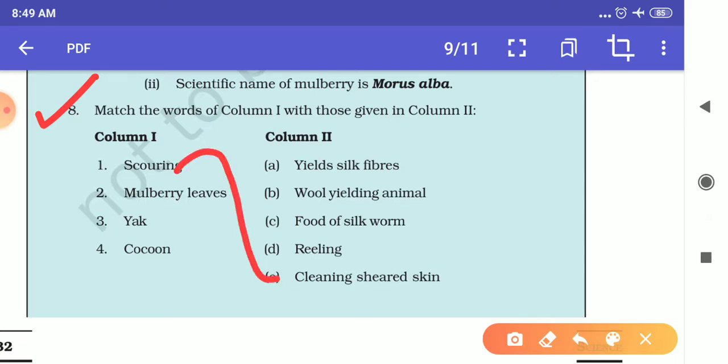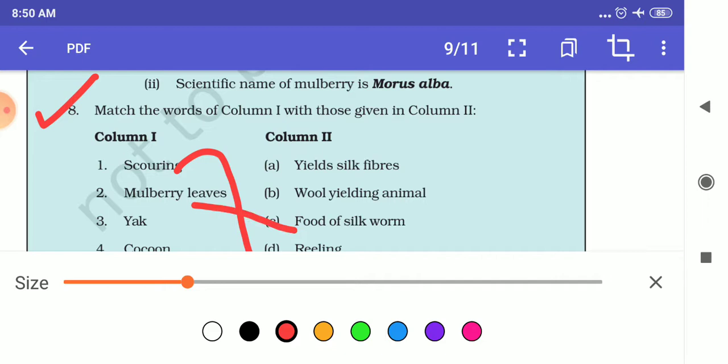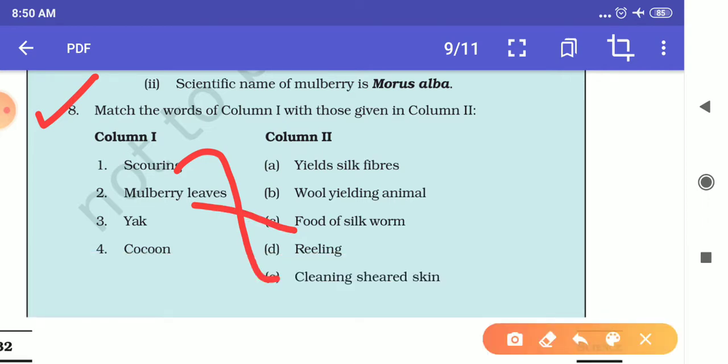Mulberry leaves. Mulberry leaves are food for silkworm. Yak. What is yak? Yak is a wool yielding animal. Cocoon. What is cocoon? From cocoon we get silk fibers. Yields silk fibers.